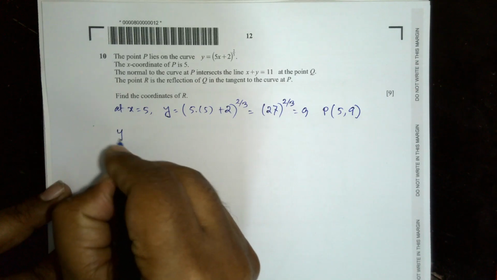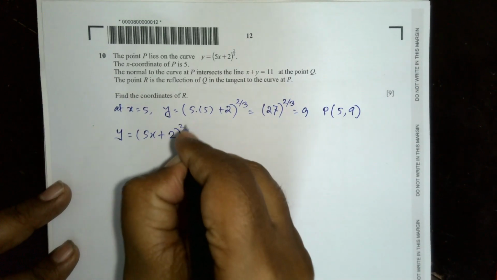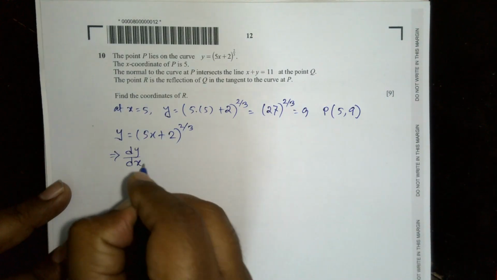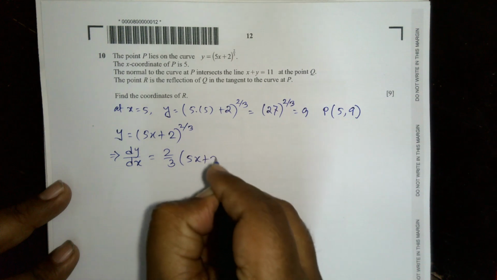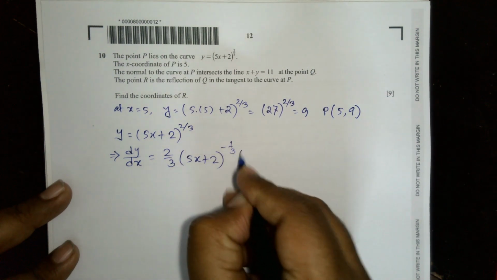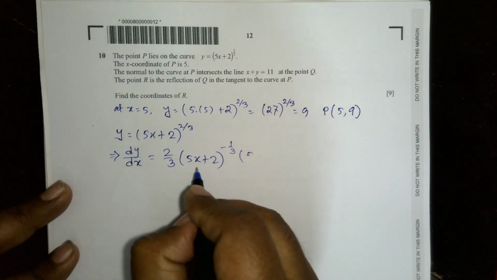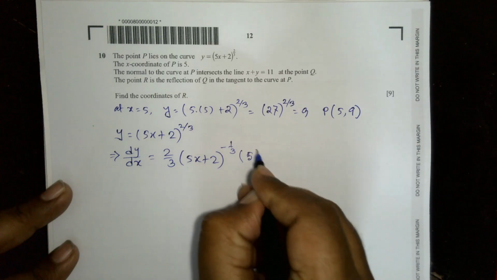So y was given as (5x + 2) to the power 2 over 3. Hence our dy over dx will be 2 over 3 times (5x + 2) to the power 2 over 3 minus 1, which is minus 1 over 3. And differentiating 5x + 2, we get 5.